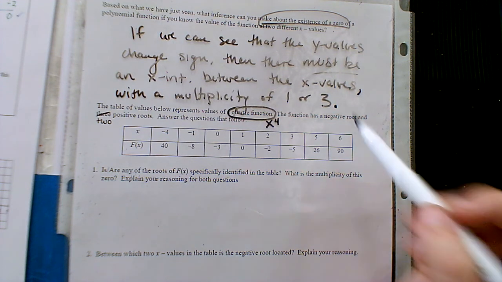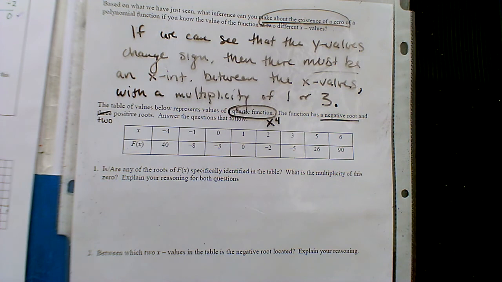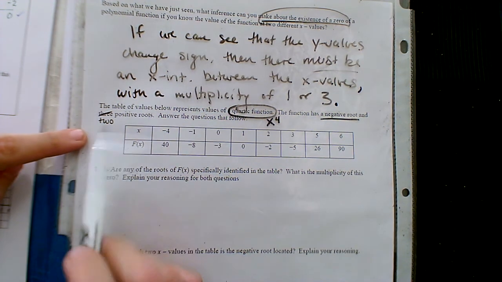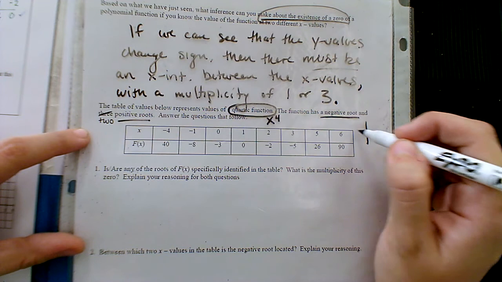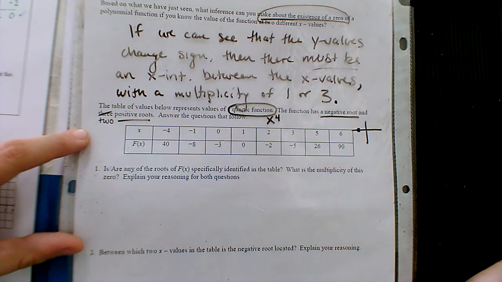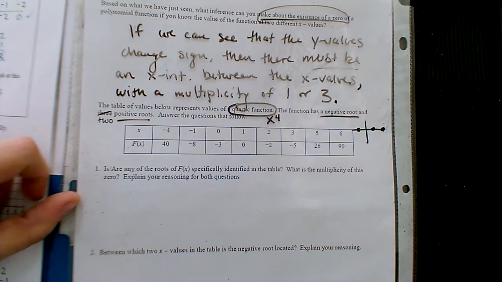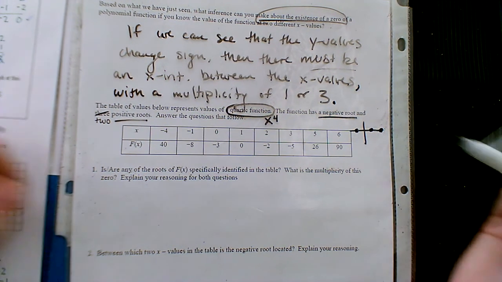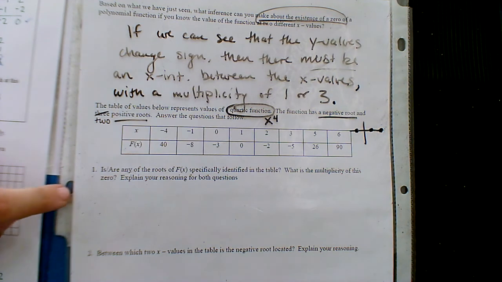The function has a negative root, so a negative x-intercept, and 2 positive x-intercepts. So graphically, we know that there's 1 x-intercept on the left-hand side and then 2 x-intercepts on the right-hand side. So we have this little diagram to help us out. Answer the following questions based off this table.